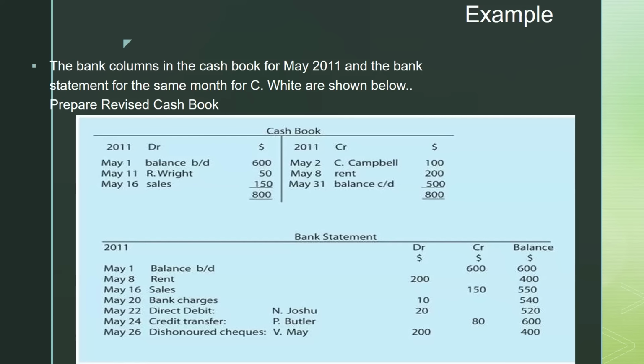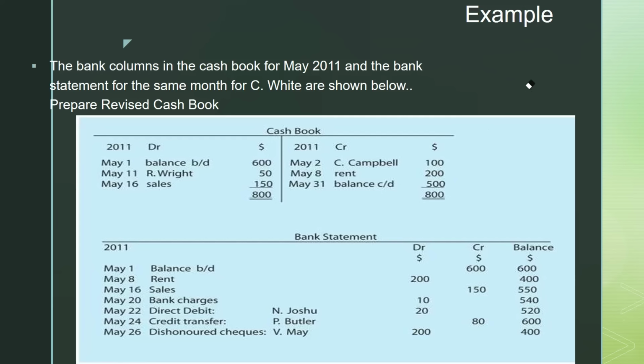So the first thing we're going to do is compare the cash book with the bank statement. Right now, the cash book has a balance carried down of 500 at the end, but the bank statement's latest balance is 400. So they are different, so we need to do bank reconciliation. First, we observe both of them and look for the differences.